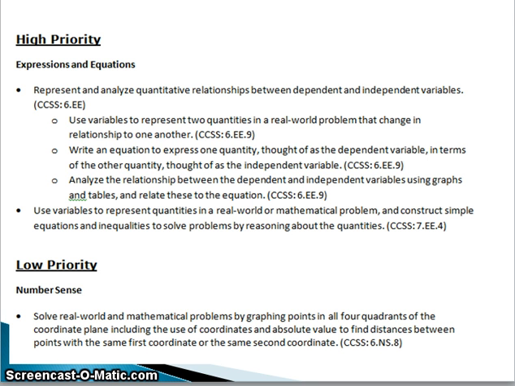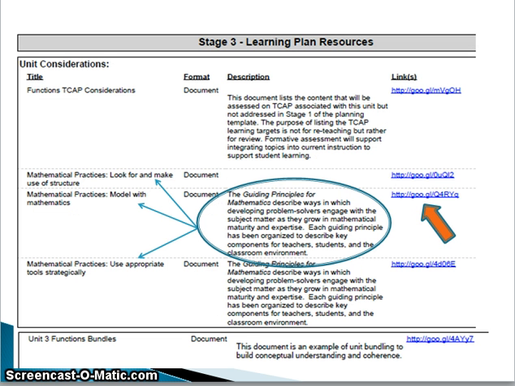Levels of priority, high, medium, and low, were determined based on the 2012 Jeffco TCAP data. The purpose of listing previous and TCAP content is not for reteaching, but rather for review and integration into grade level content in the unit of study.